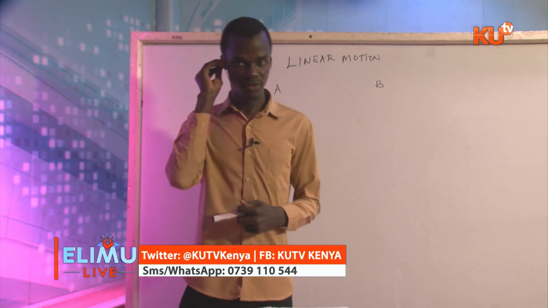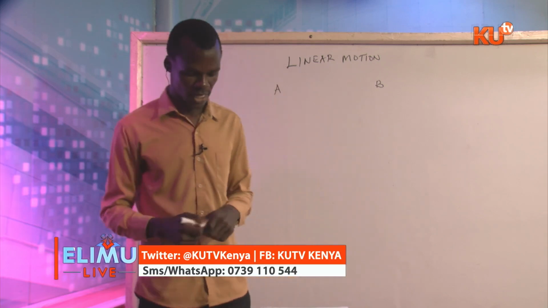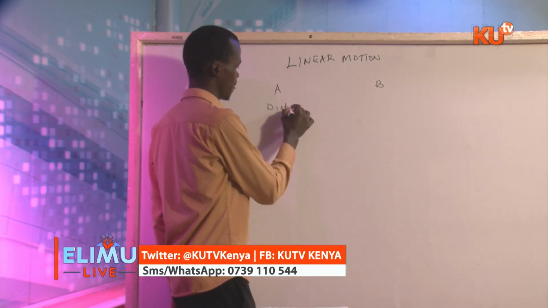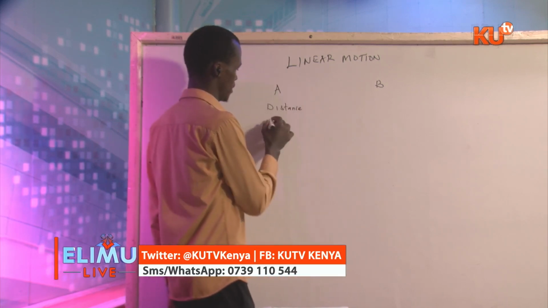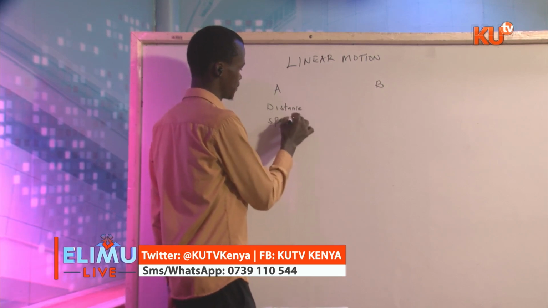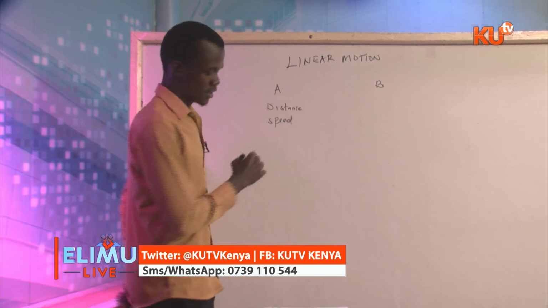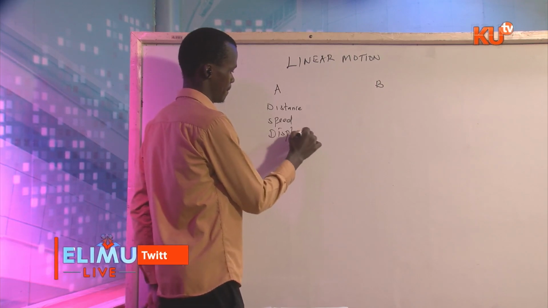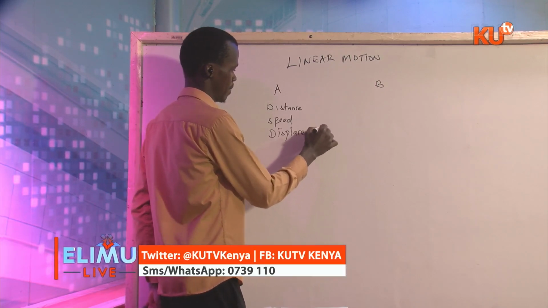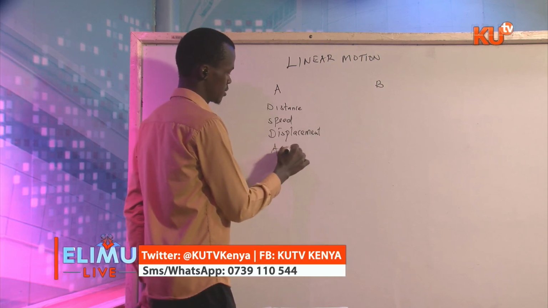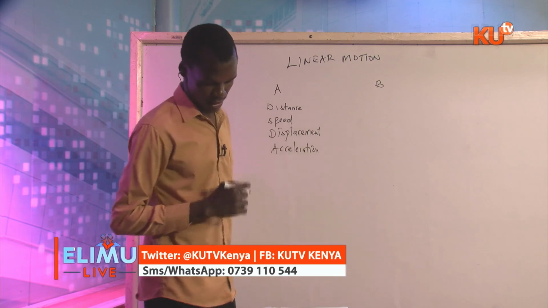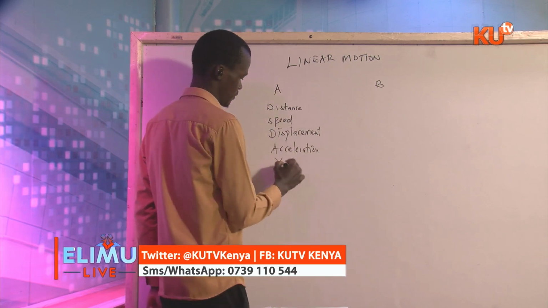In linear motion, there are a few definitions that we want to look at. We look at the definition of distance, speed, displacement, acceleration, and velocity.